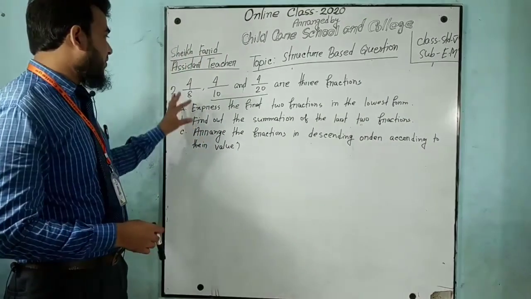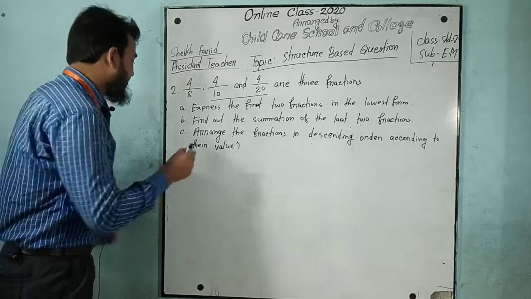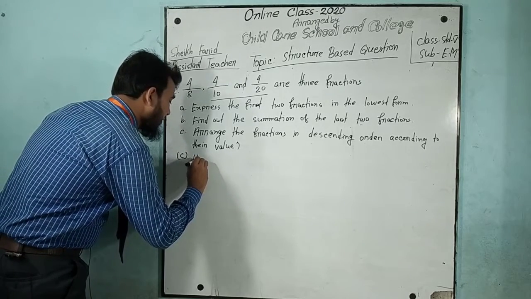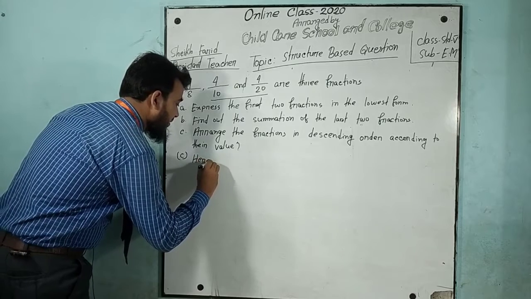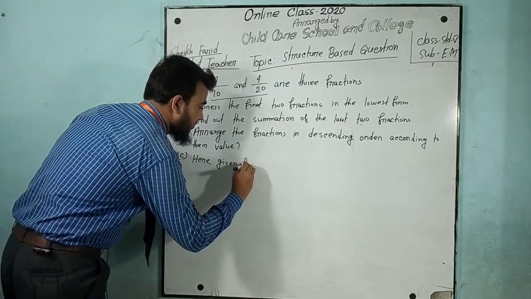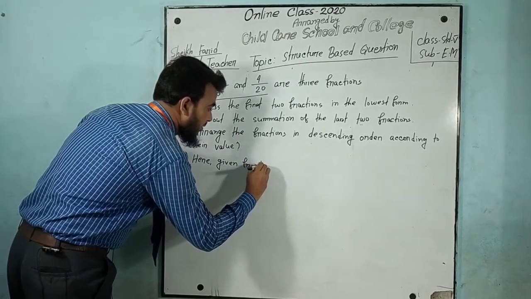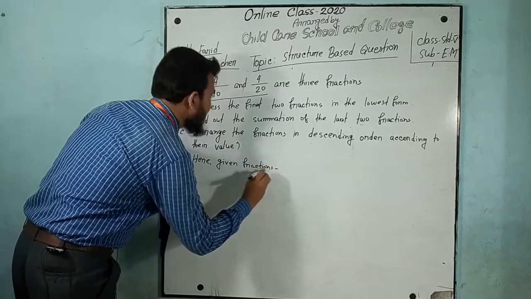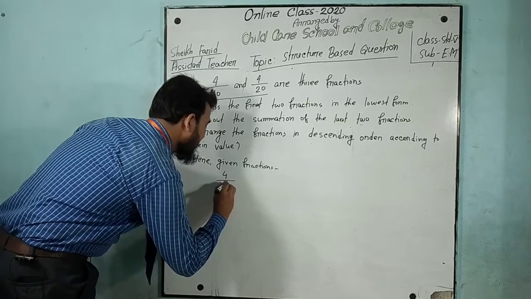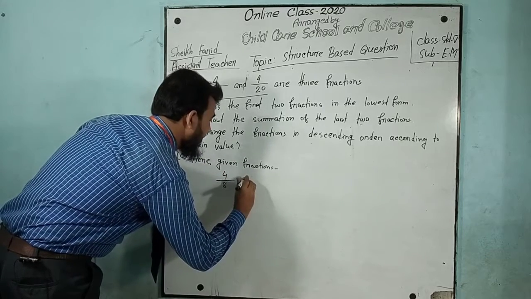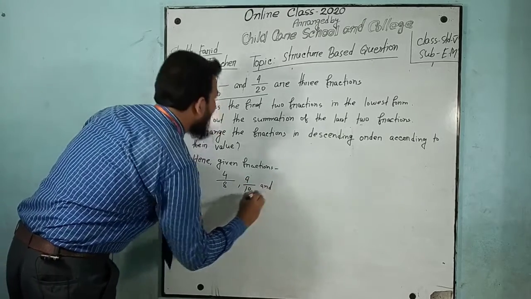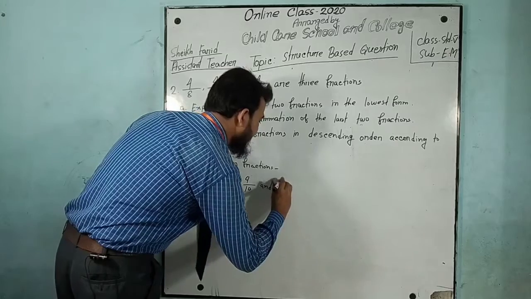So at first we have to write the fractions here. Given fractions are 4 by 8, 4 by 10, and the last one is 4 by 20.